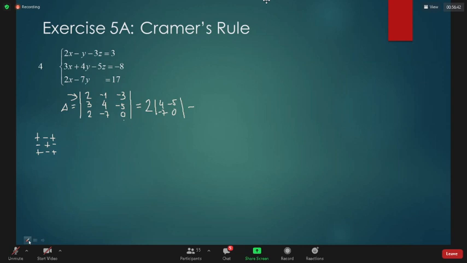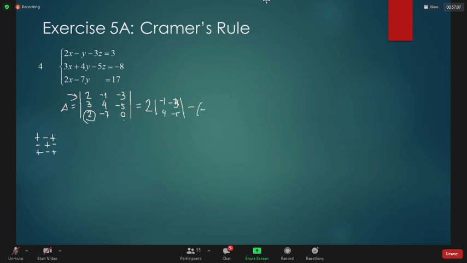Okay, I am going back a little bit. If I'm expanding through the third row, that would be 2 times its minor, and its minor is minus 1, minus 1, minus 3, 4, minus 5.